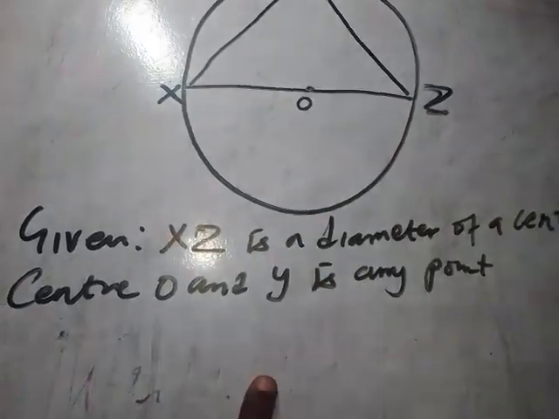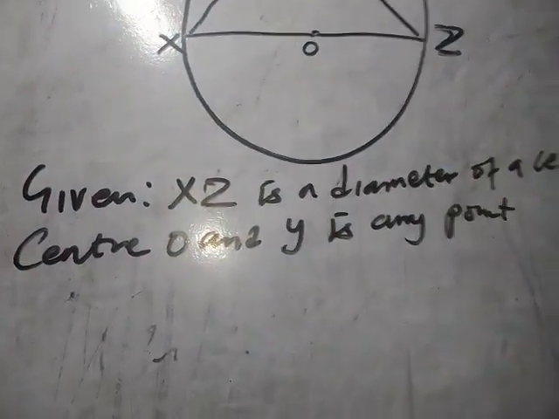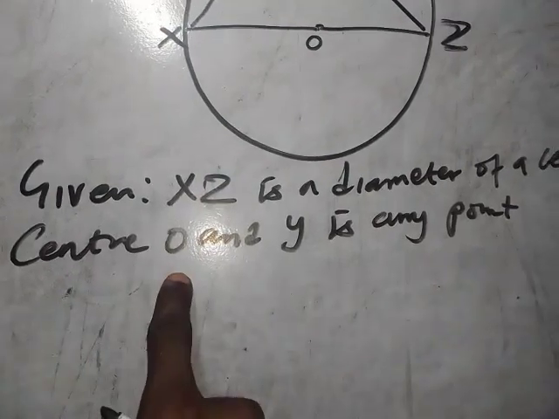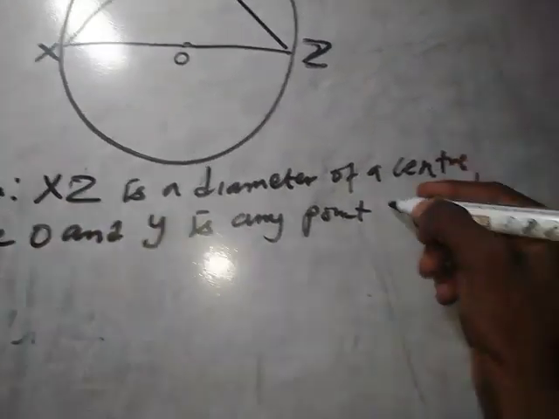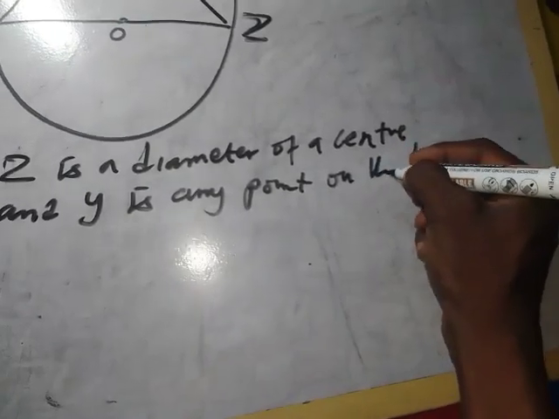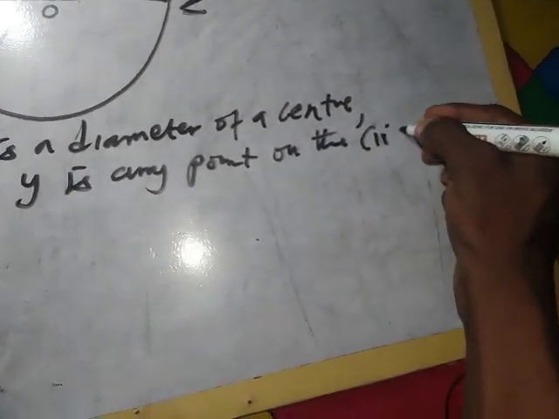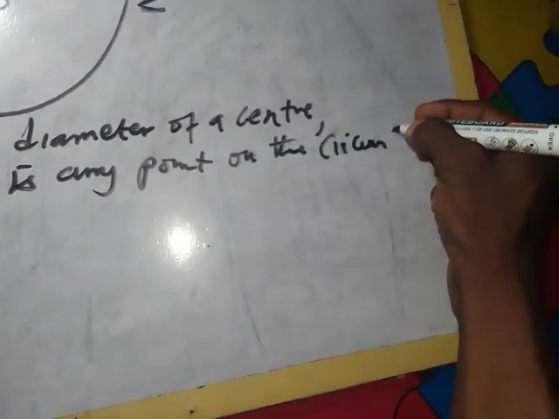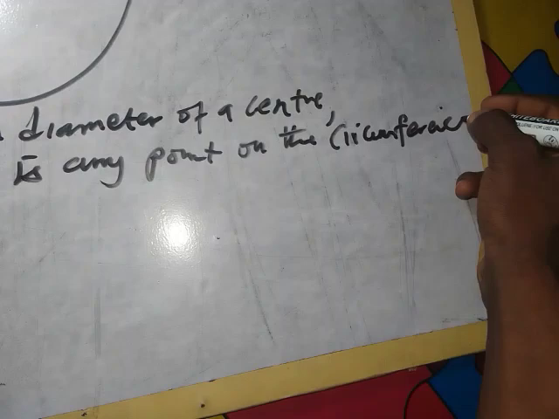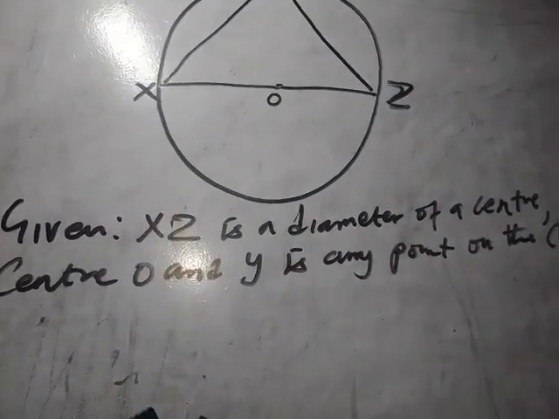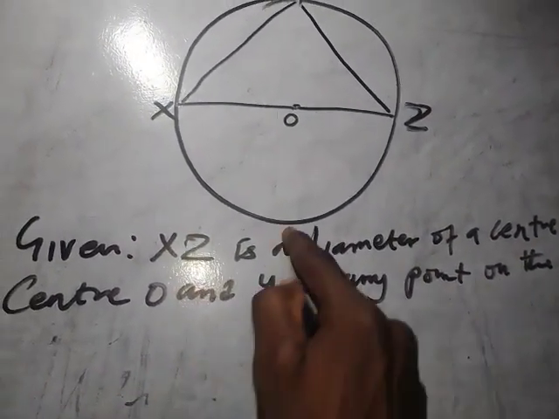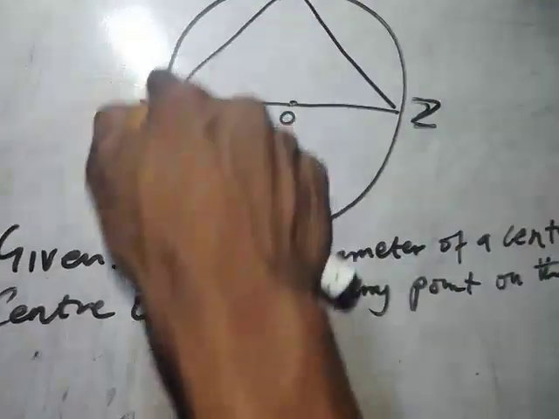So let's prove, center O and y is any point on the circumference. When I talk about circumference, I'm talking about this line drawn here.